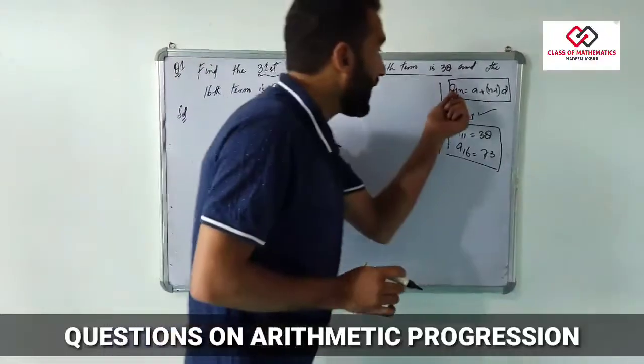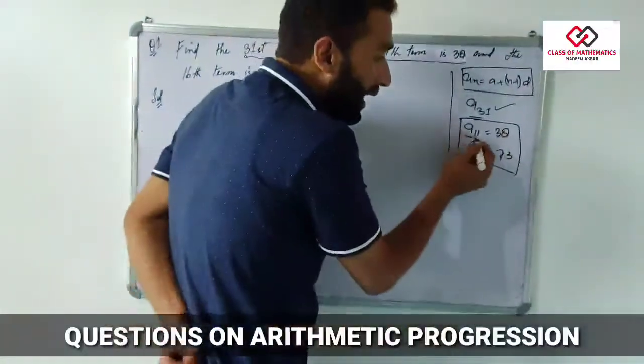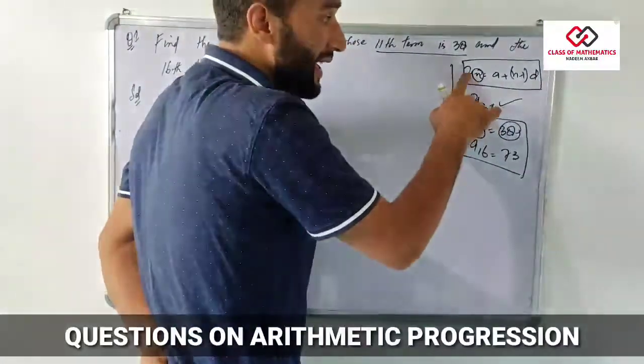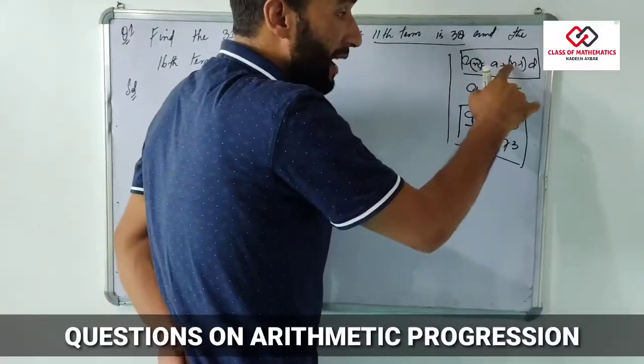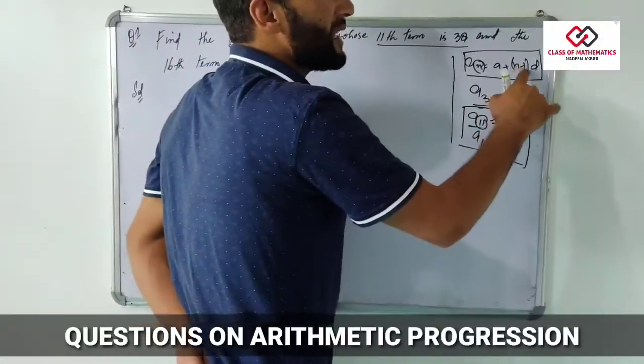Now look here: an is equal to a plus n minus 1 into d. Here A11 is equal to 38. Now replace n by 11. So A11 will be equal to a plus 11 minus 1 into d.